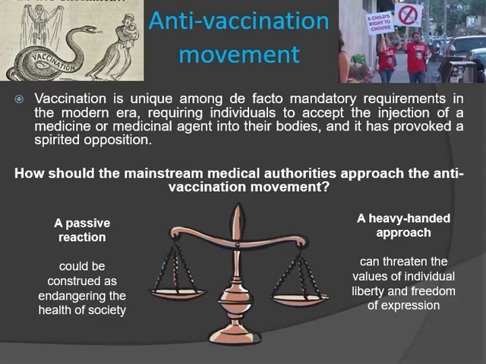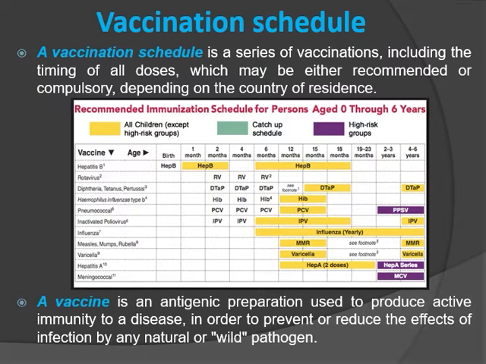A vaccination schedule is a series of vaccinations, including the timing of all doses, which may be either recommended or compulsory, depending on the country of residence. A vaccine is an antigenic preparation used to produce active immunity to a disease in order to prevent or reduce the effects of infection by any natural or wild pathogen.